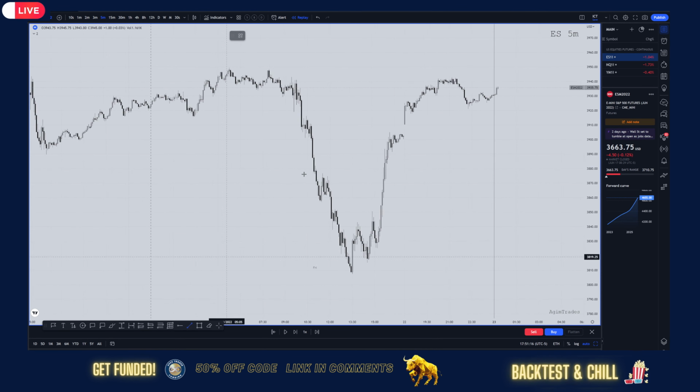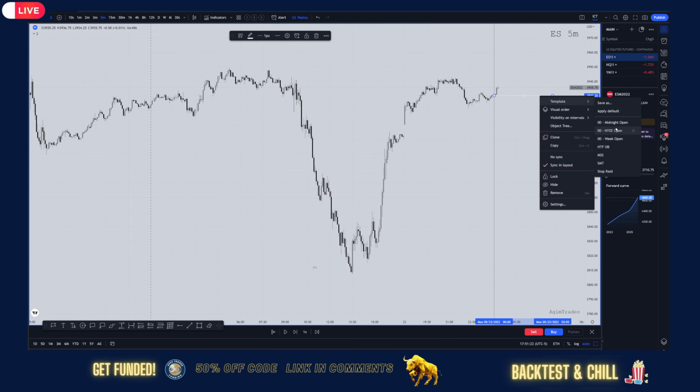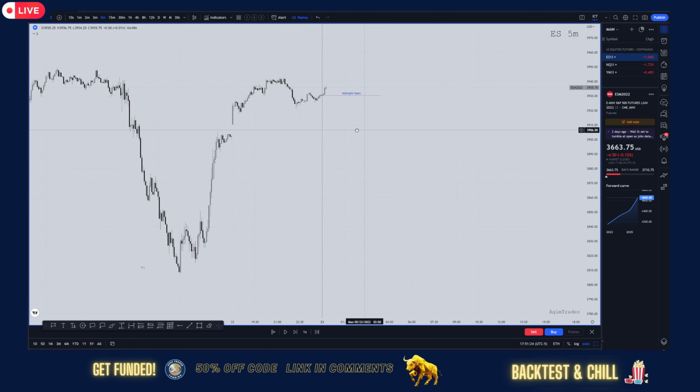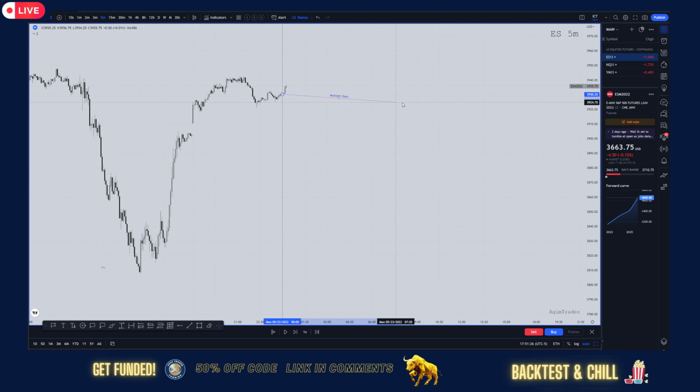So I have right here the midnight open. I'm just going to project that out to about noon, because that's when I'll stop trading for the morning. And it's kind of when I find that value irrelevant. And then we'll have the 9:30 open when we trade.